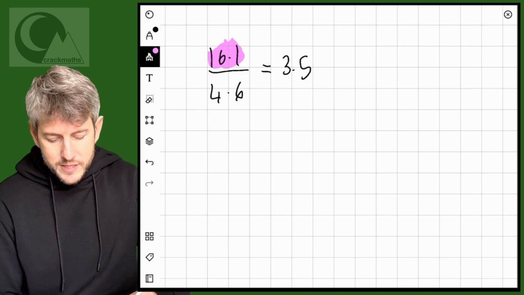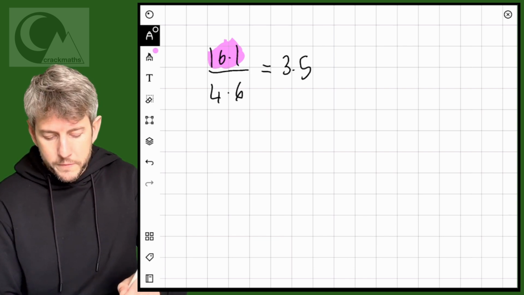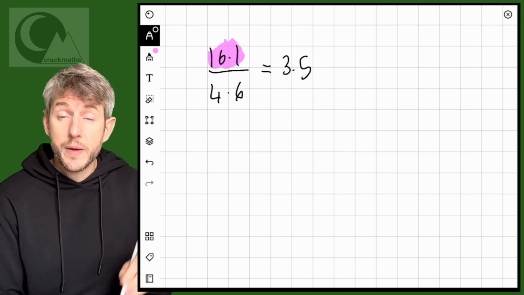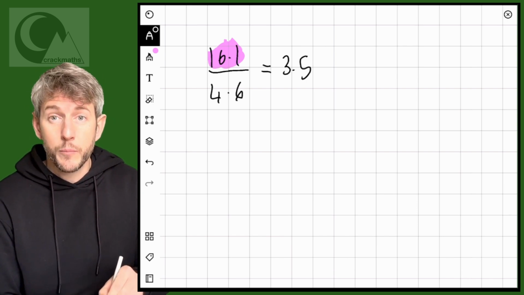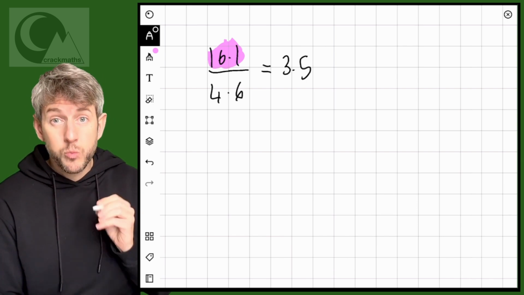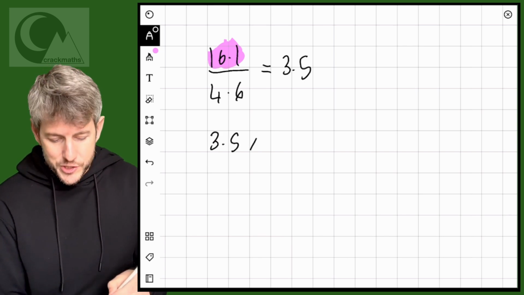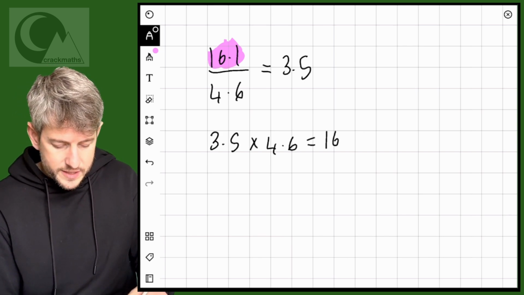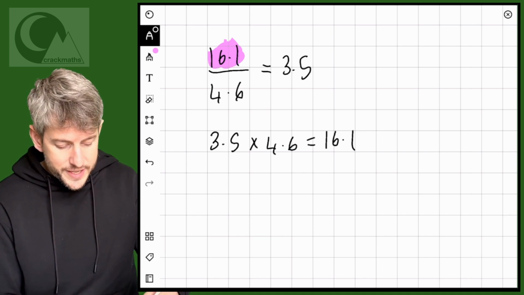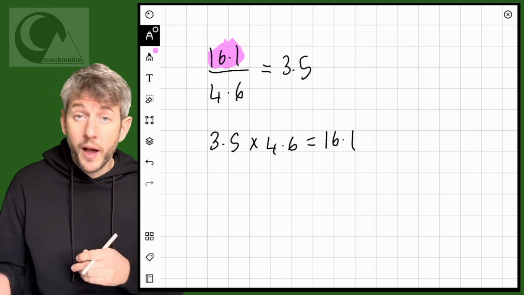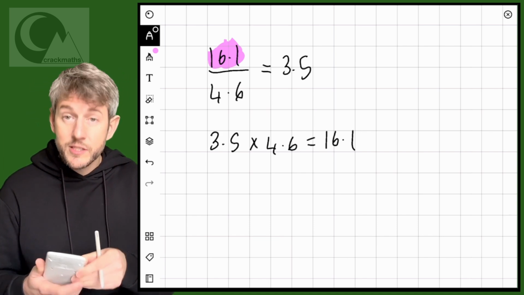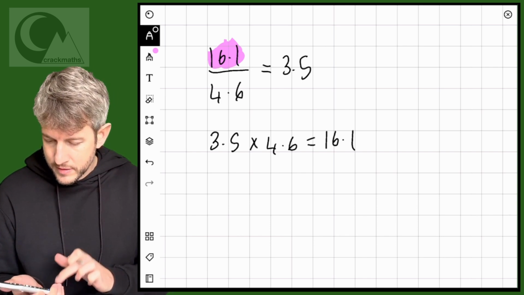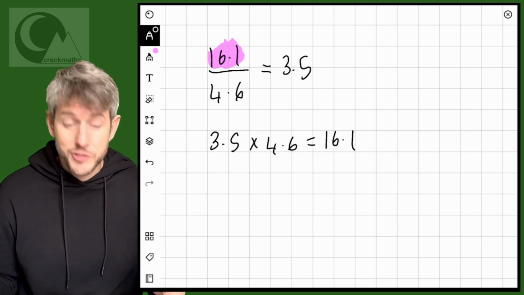So our product in this case is the 16.1, which means that 4.6 times 3.5 is going to equal 16.1. So that is one of the reverse calculations we can check. So we can check 3.5 times 4.6, and that should equal 16.1. But I can check that on my calculator. So let's have a look. 3.5 times 4.6. Yep, and that is correct.